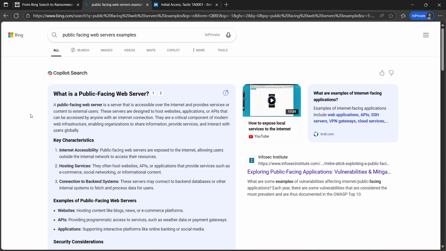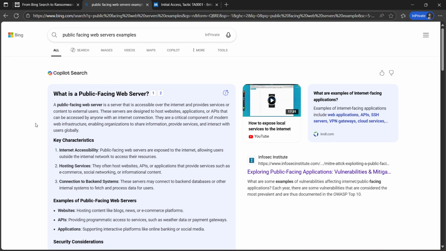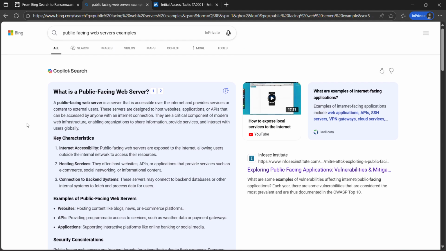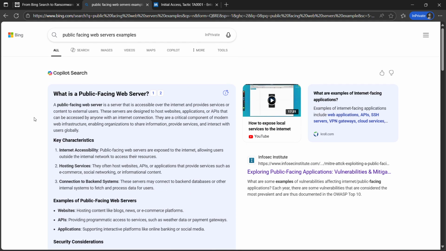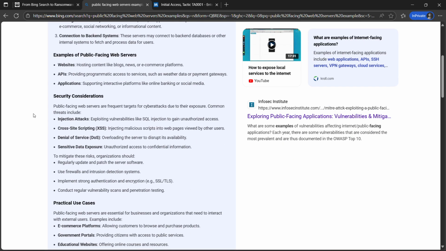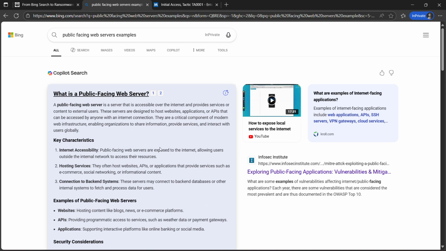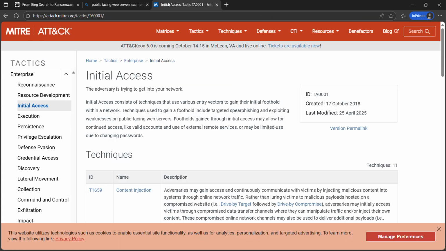But public-facing web servers, you can access the server because it's available on the internet basically. That's what it is, right? So basically like let's say Alibaba, Amazon, and also government portals and educational websites. Just like Coursera, Udemy, kind of like that. Okay.